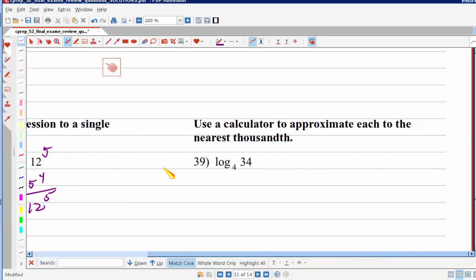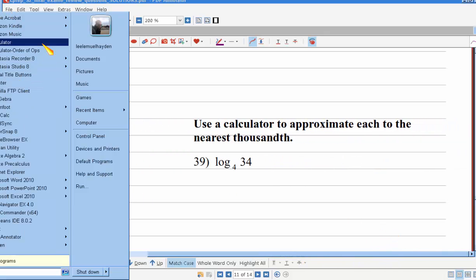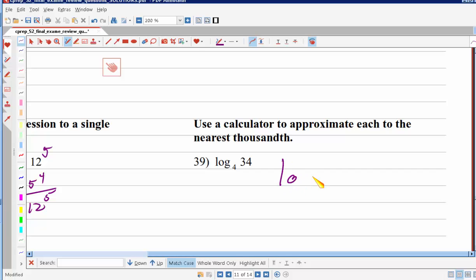Okay, use a calculator. Alright. You know what? I'm just going to use my phone right now. At any rate, on my calculator, I would say log 34 divided by log 4. So let me go do that. Where is that calculator?